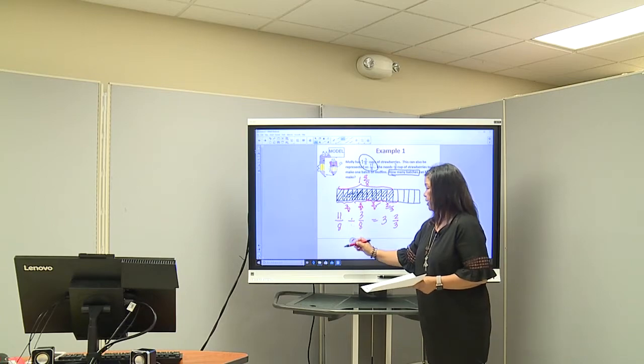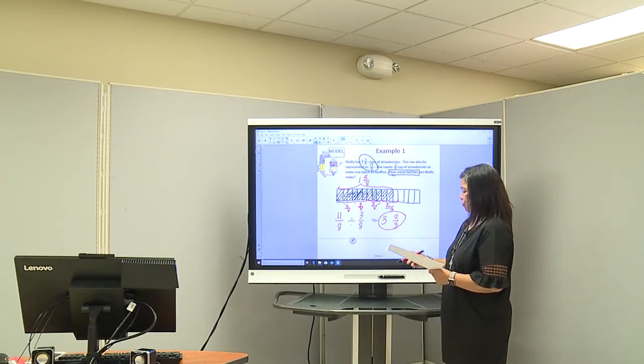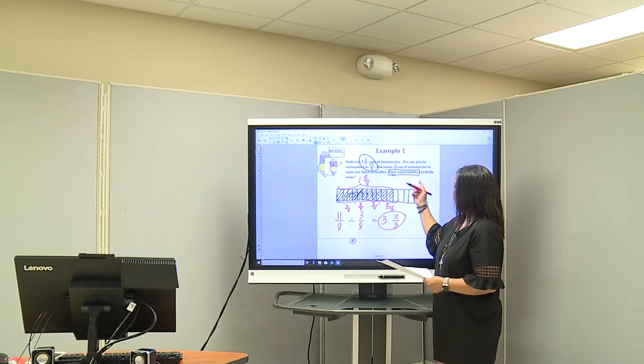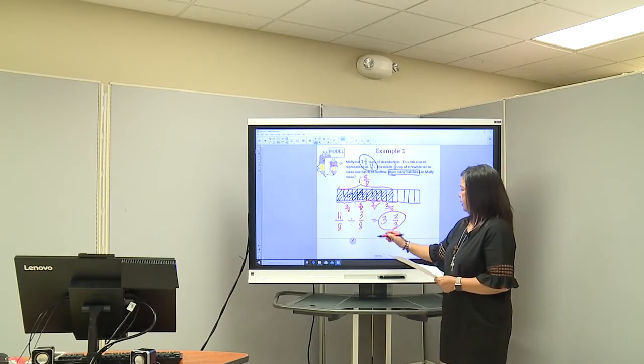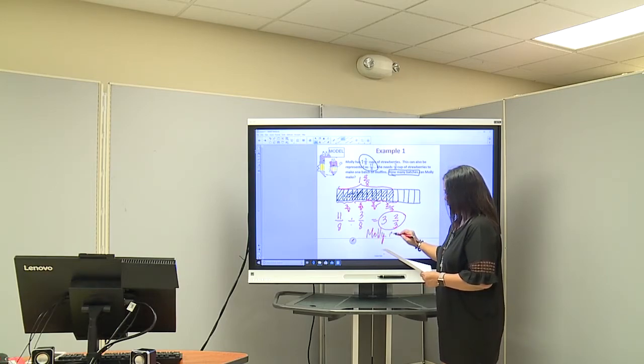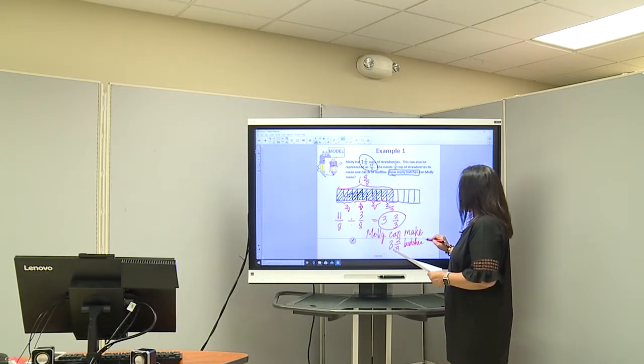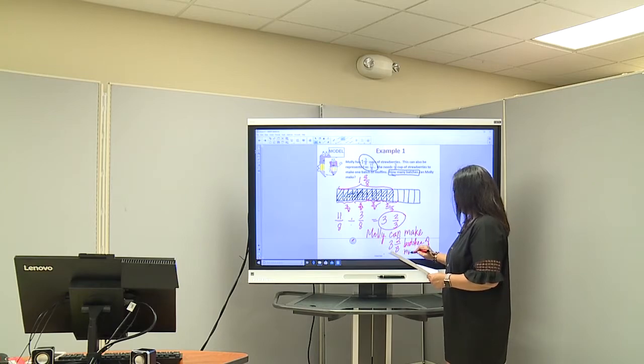So 11/8 divided by 3/8 is 3 and 2/3. So answering that question, how many batches can Molly make? Molly can make 3 and 2/3 batches of muffins.